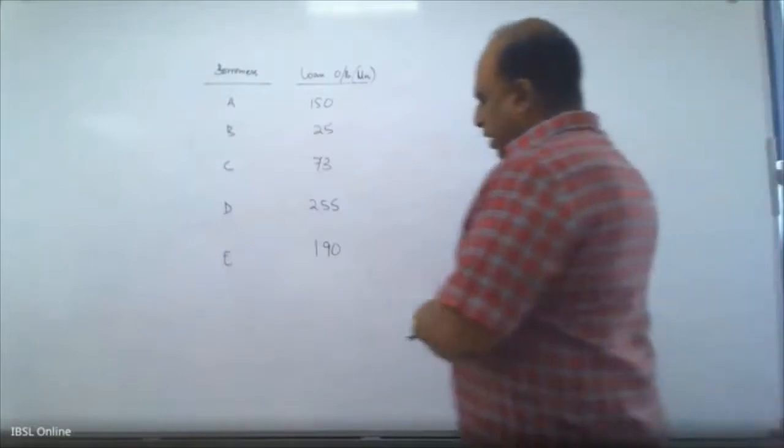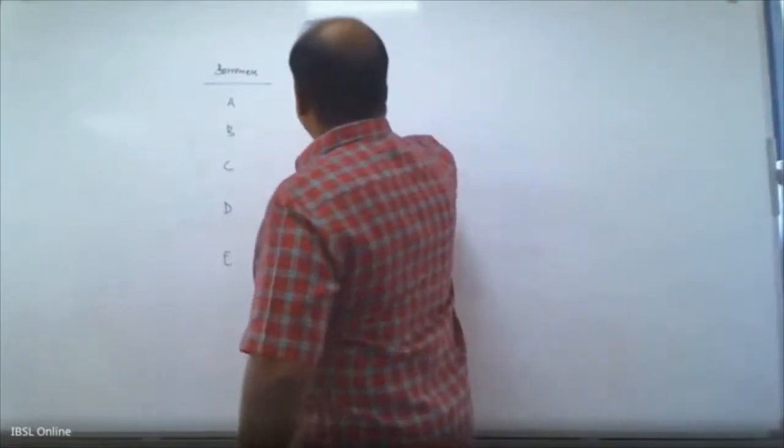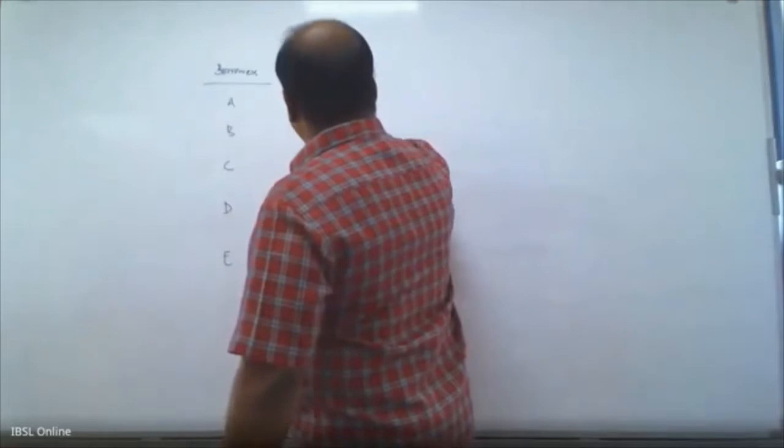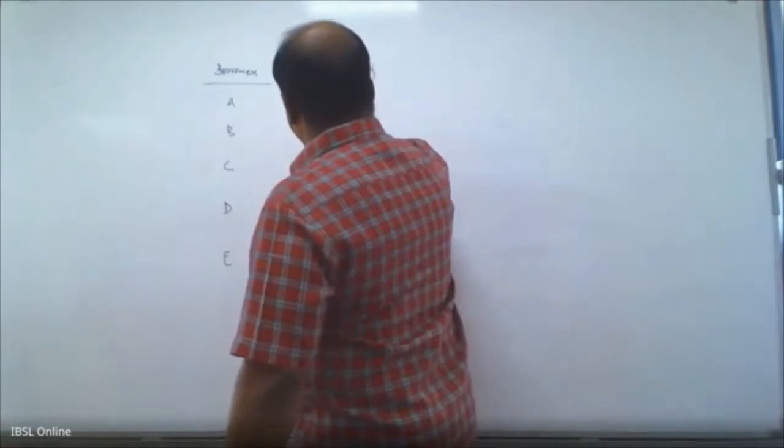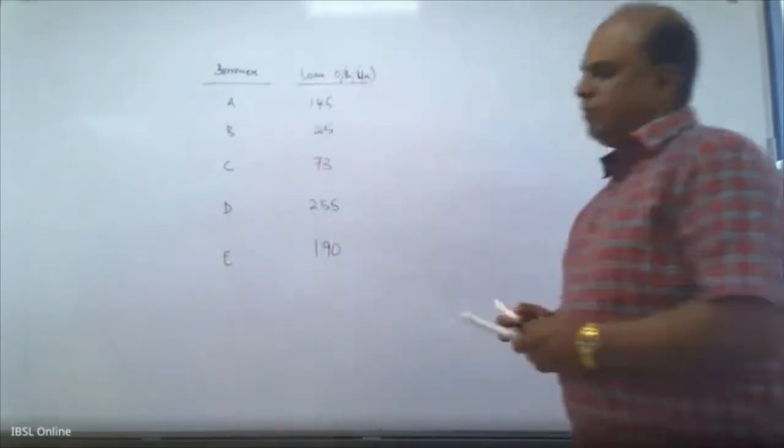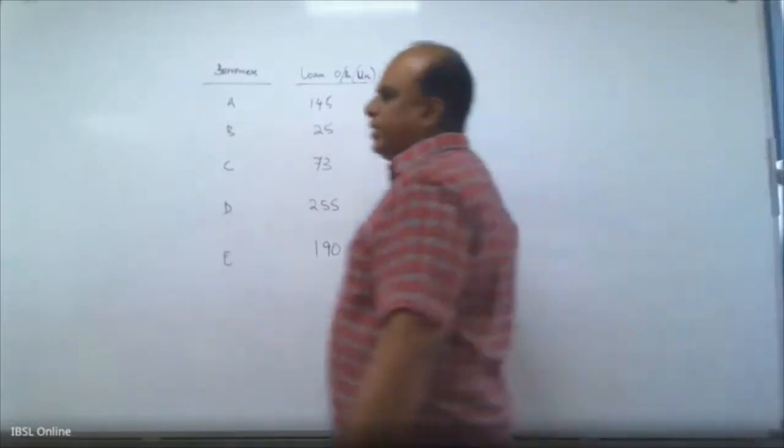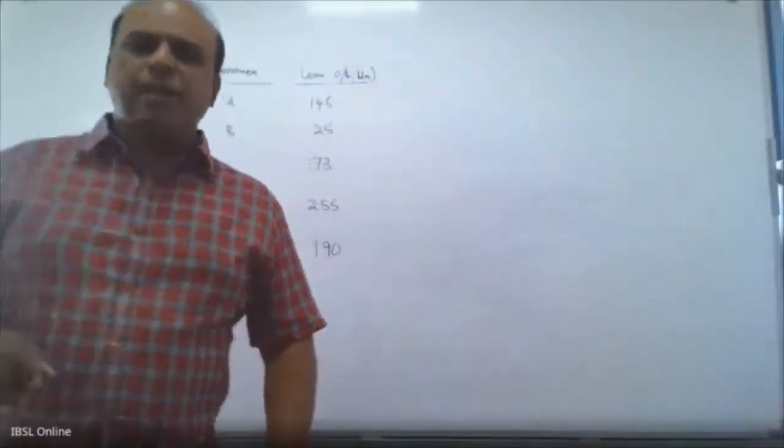Now the question is, how do I go about individual impairment and how do I go about collective impairment? So now you just go and look at the slide that we were looking at last.